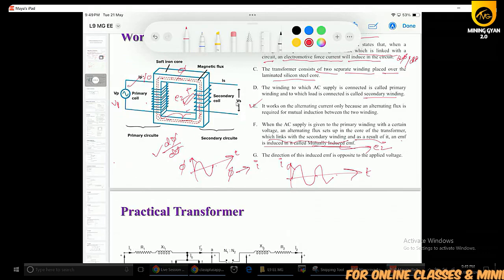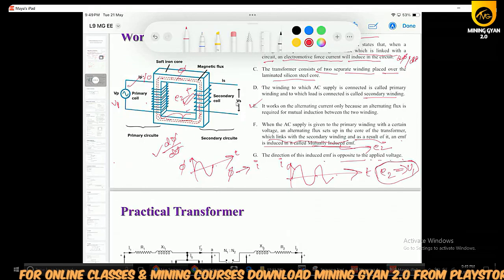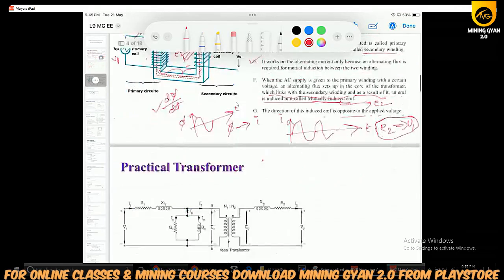The direction of this induced EMF is opposite to the applied voltage. Obviously E2 will oppose its cause according to Lenz's law, so it will oppose V1. First of all, we applied V1, and because of that I1 will flow.